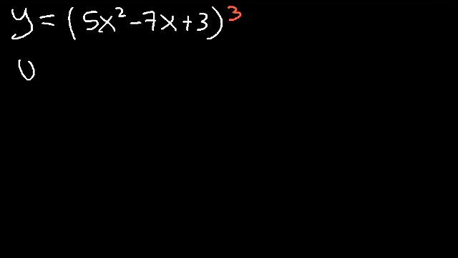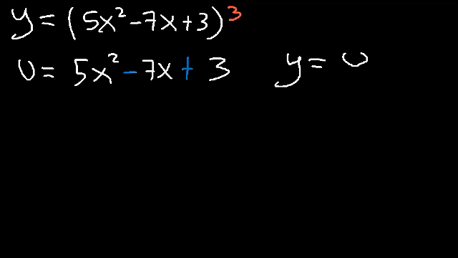Now the u variable is equal to what's inside. So u is equal to 5x squared minus 7x plus 3. So therefore, y is equal to u raised to the third.